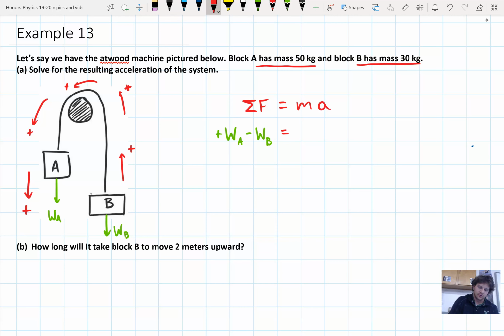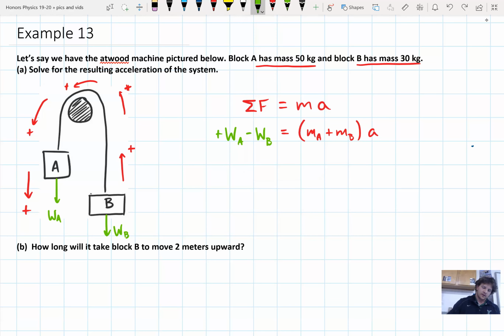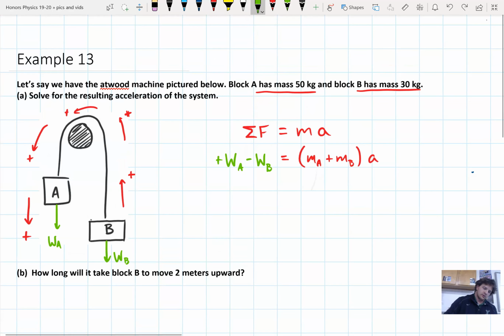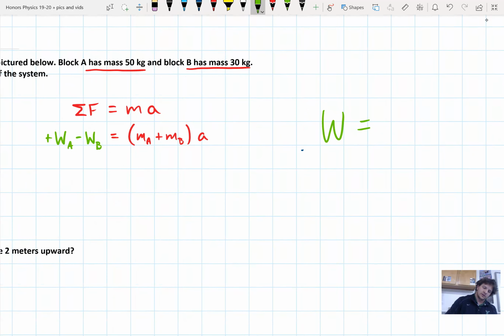And then that's equal to the mass of both my objects put together times a. And my goal now is to solve for this acceleration. All I'm trying to do is solve for that a. I've got one other little substitution I can make. Remember for force of gravity, the weight is equal to the mass of the object times the gravitational field strength, how much it's getting pulled down.